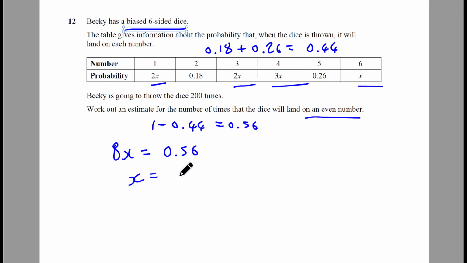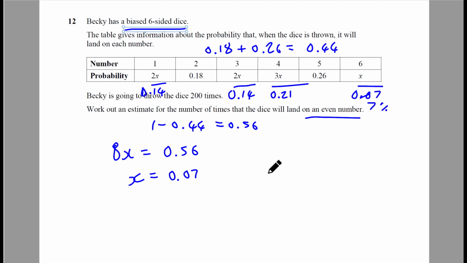So x must be 0.07. Be careful here. So a probability of 1 is 0.14. 3 is 0.14. 4 is 0.21, and that's 0.07 or 7%.